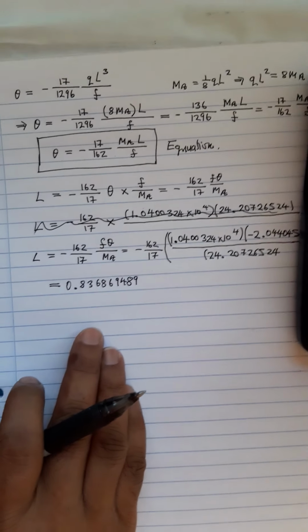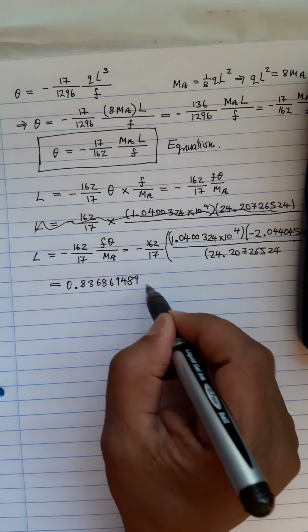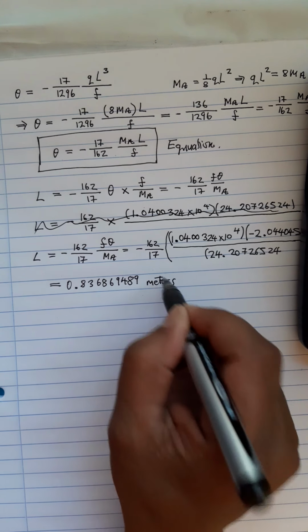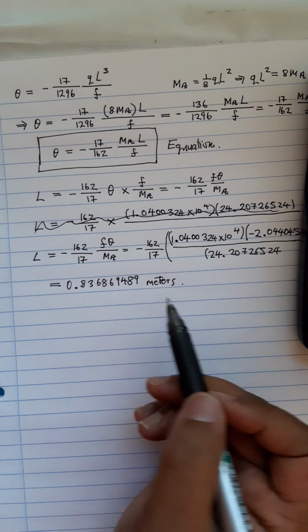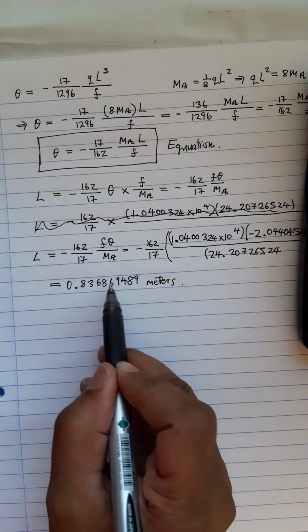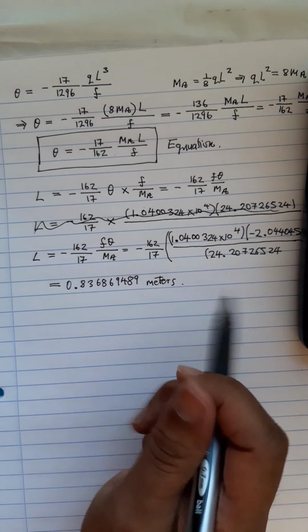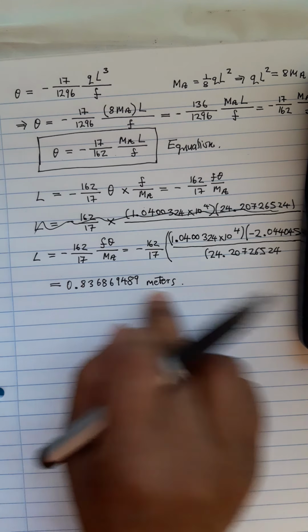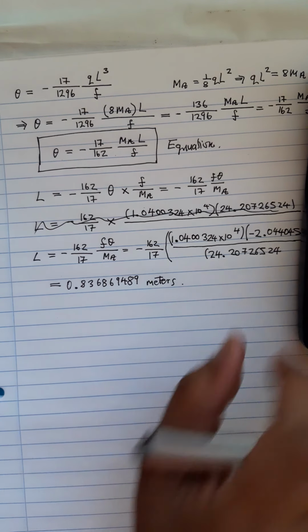Okay, so this is the length in meters, and the question said you must put it to 8 decimal places. That's 9 decimal places. So I would type this entire number into the website.